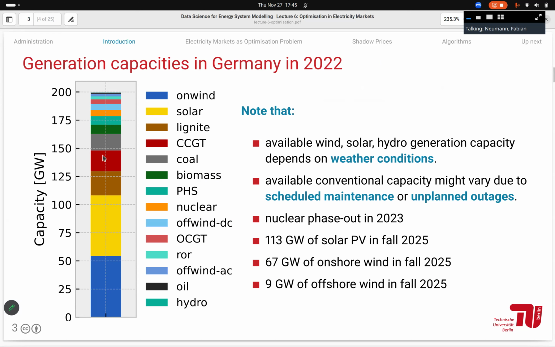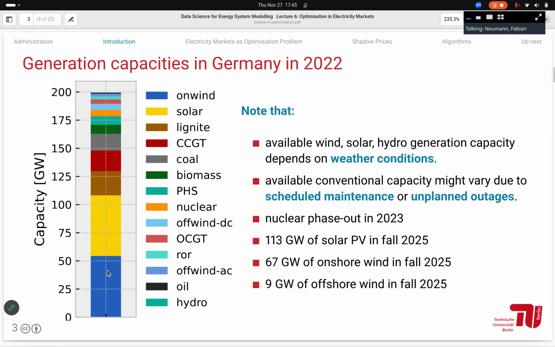And if you look at just the things that you have control over, how and when to dispatch them, then you're roughly ending up in the order of magnitude of peak demand, maybe a little bit more, because you always have to think about scheduled maintenance or unplanned outages of conventional power plants as well.